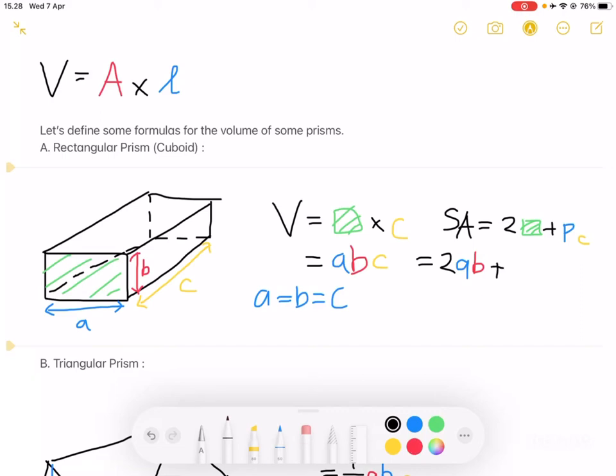Plus the perimeter of this rectangle is 2a plus 2b, or 2 times in brackets a plus b, but we're just going to expand it for simple reasons. So 2a plus 2b all multiplied by c. Distributing the c inside the brackets, we will have 2ab plus 2ac plus 2bc.